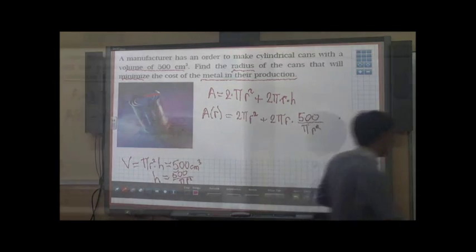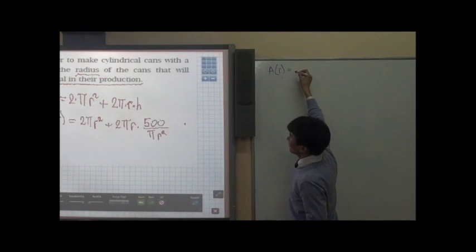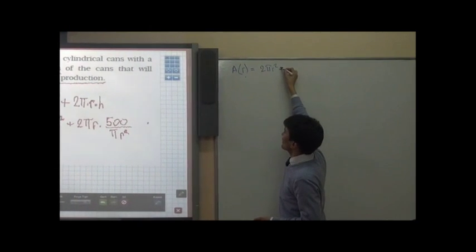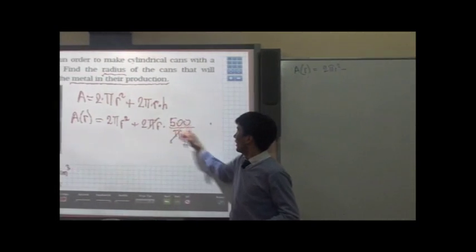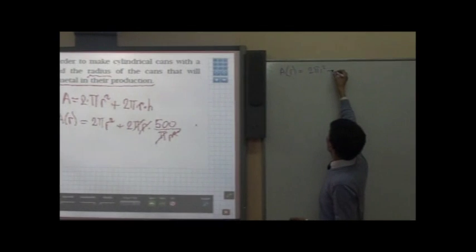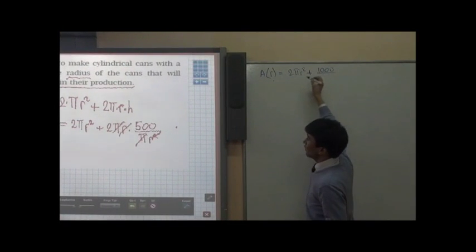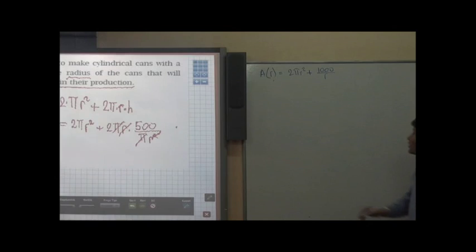Let's write this: A of r is equal to 2 pi r squared plus, we cancel pi with pi and r with one r, and then we have plus 1000 over r. That's correct. Now we have the function.